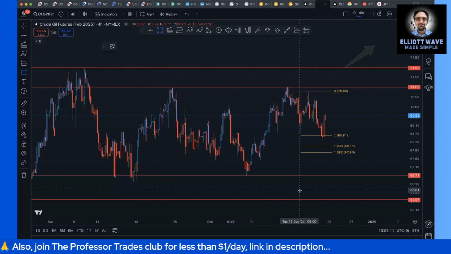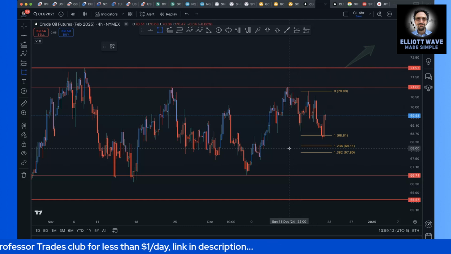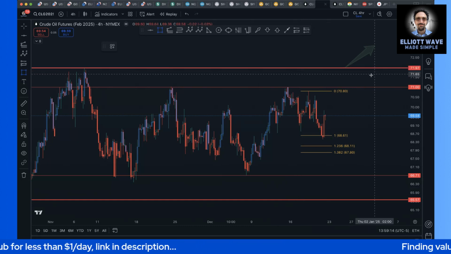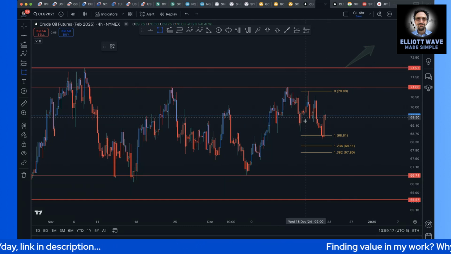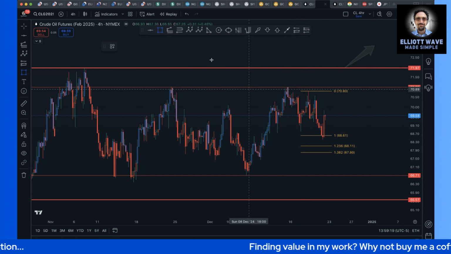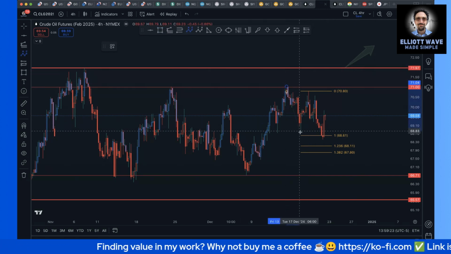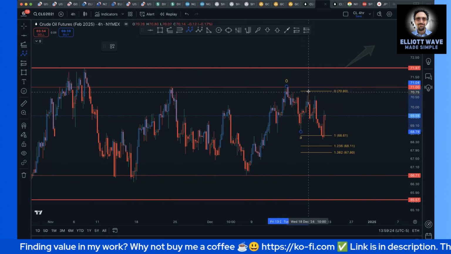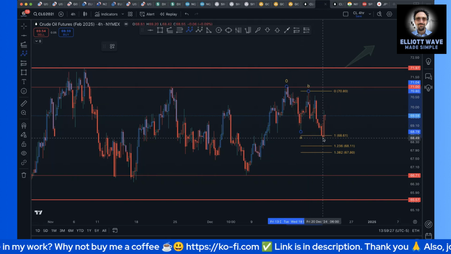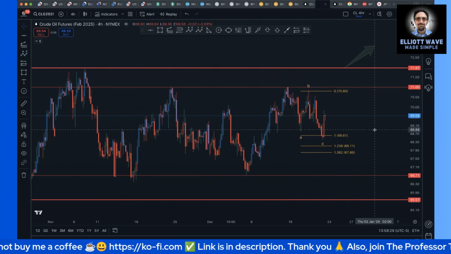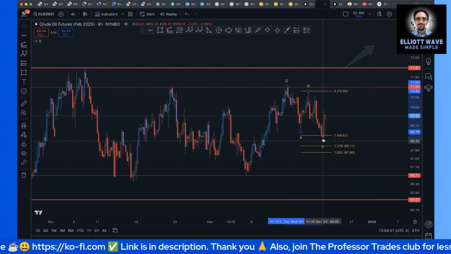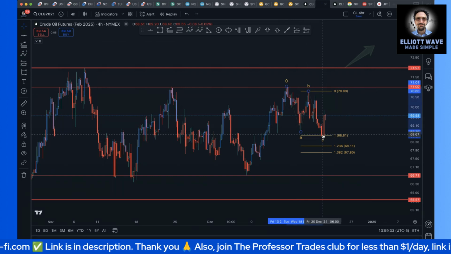But in order for me to be continually bearish, I do not want to see it get above, just call it, 72. And an immediate way to look at this structure is that this downturn measured very well as a three-wave move. See, the assumption is everything's moving in threes, so I'm going to look for it to move in threes, and when it does, I'm going to take it at face value.